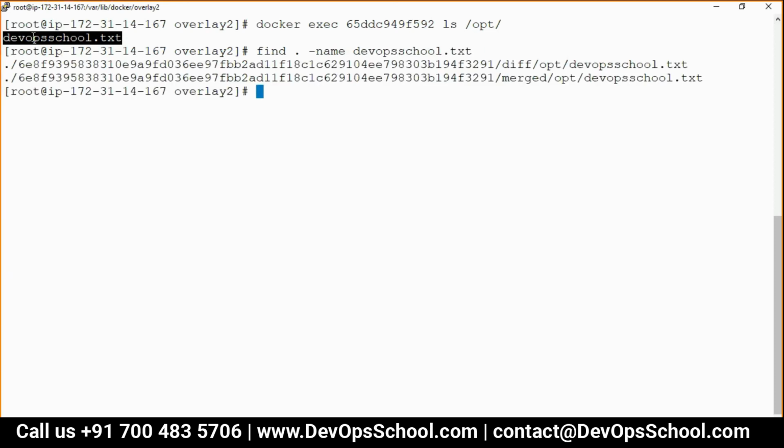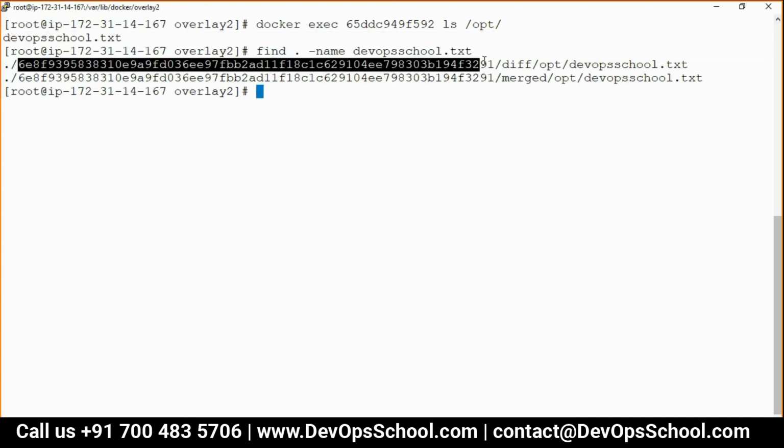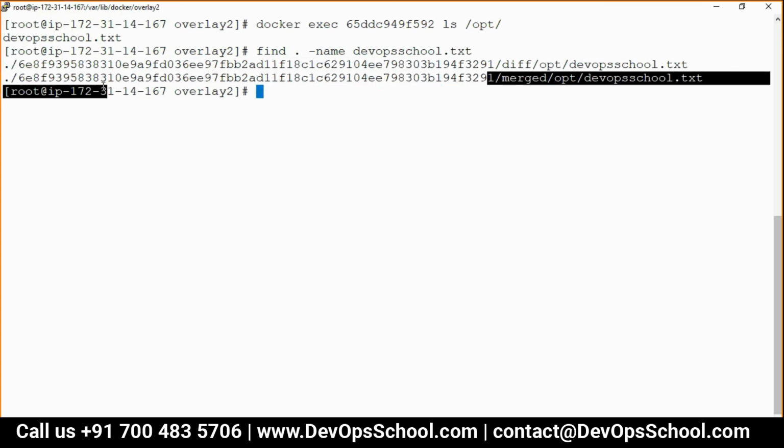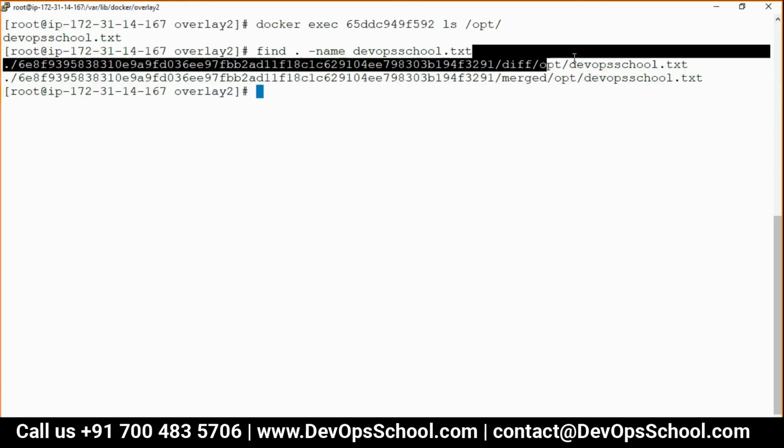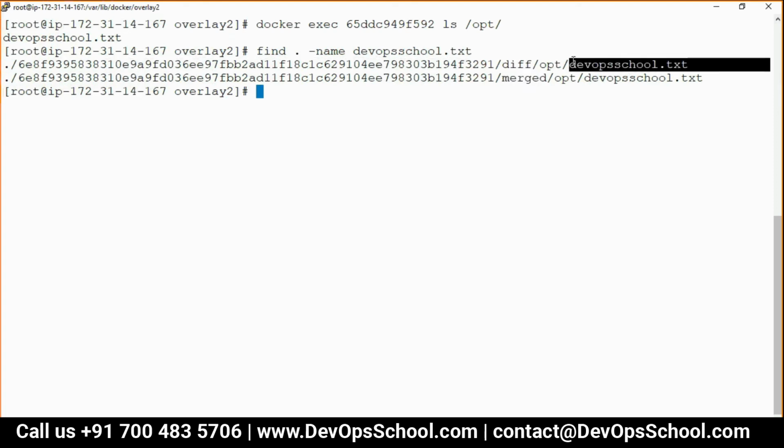See that, the file is there. Look at it very carefully. This is a common location. Inside that there are two directories, diff and merged. I'll explain each and everything. But inside opt, devopsschool.txt. Now what happens, let me show you.